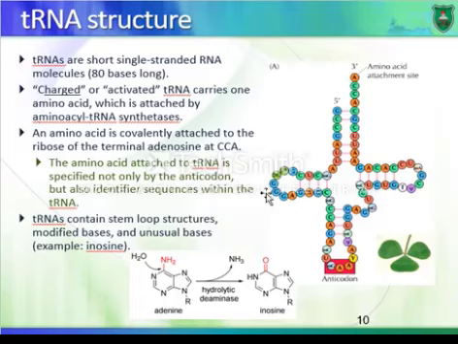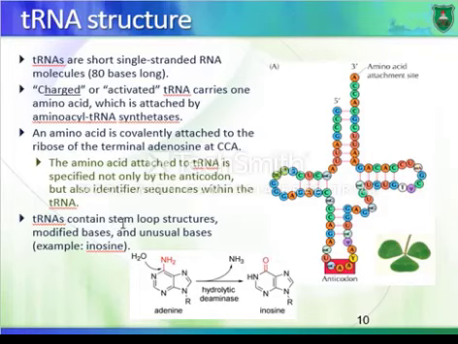The stem loop structures, the modified bases and the unusual bases play a very important role in the stability of the tRNA, and also in the binding of tRNA to its proper codon in the mRNA.